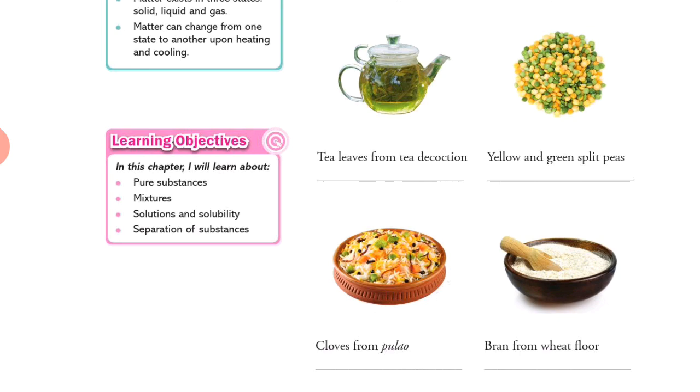Then what will be the methods or the techniques you will opt for separating them? These we will study in this particular chapter. We learn about pure substances, mixtures, solution and solubility, separation of substances also. So let's start our discussion.